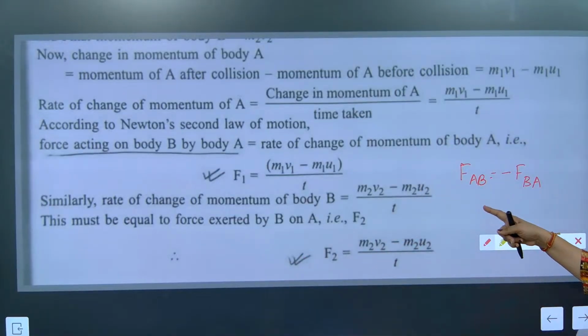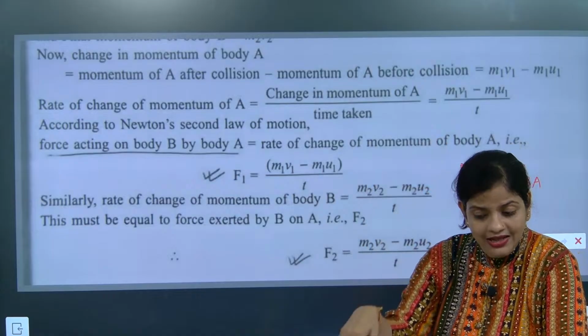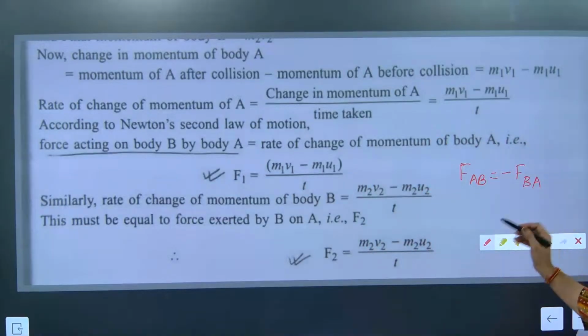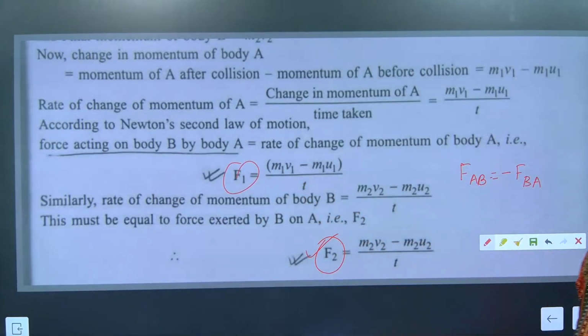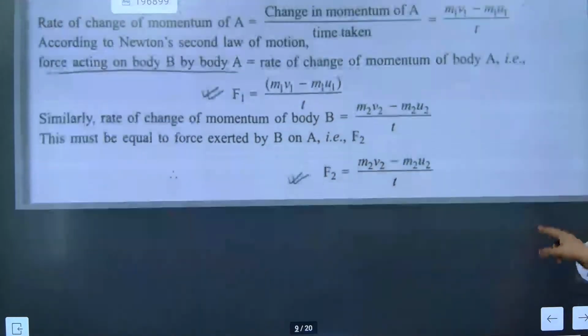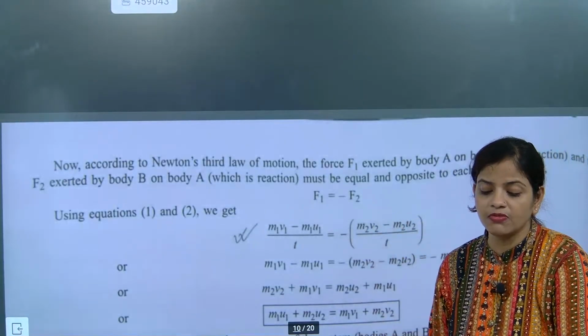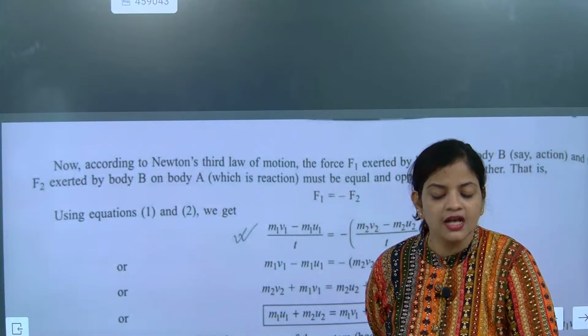A has given force to B, and B has taken that force. Equal and opposite. F1 is for the truck and F2 is for the car. So F1 is equal to minus F2. For every action, there is an equal and opposite reaction.